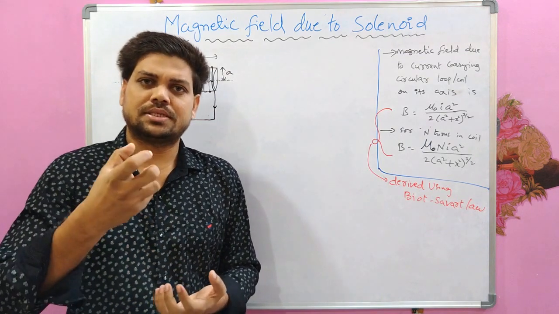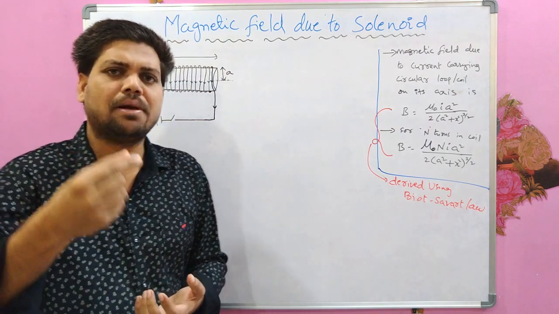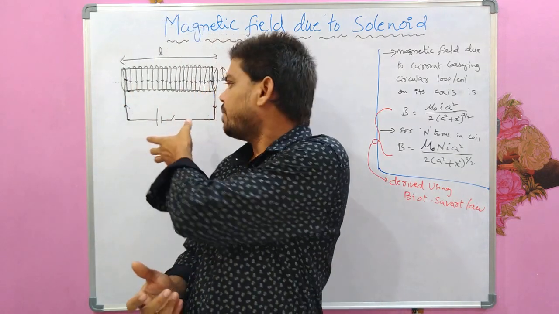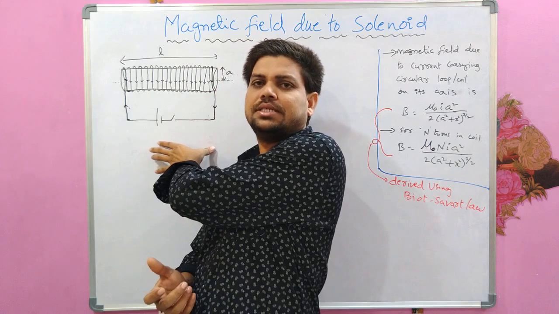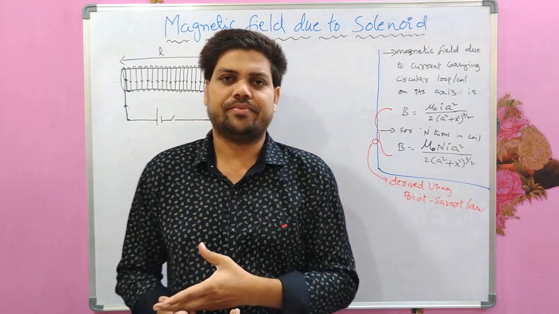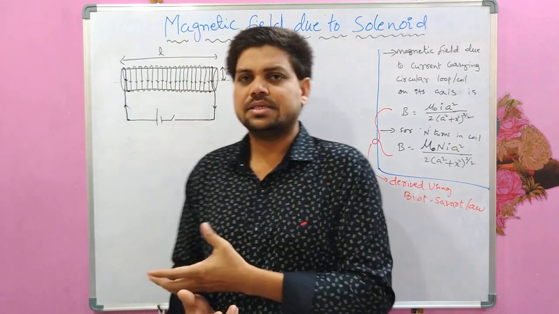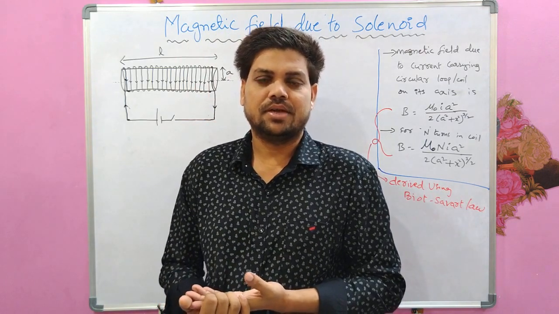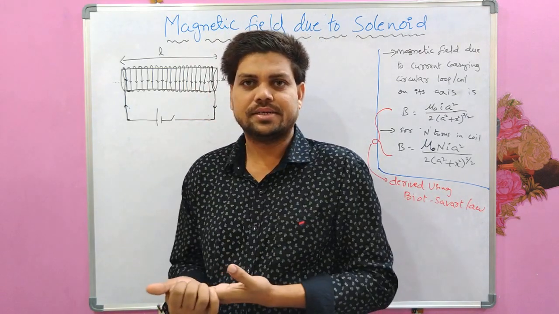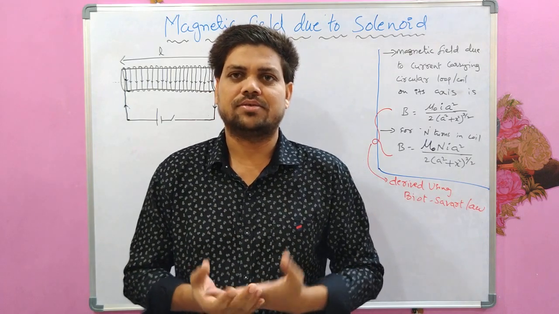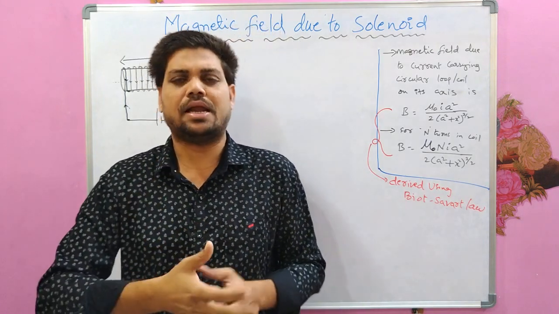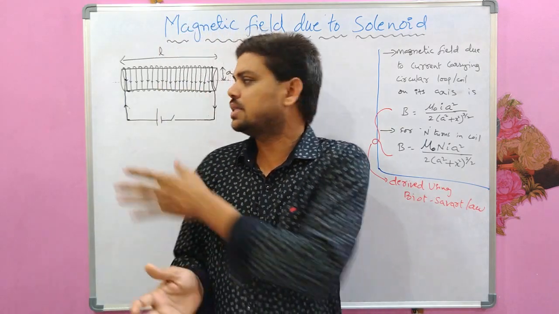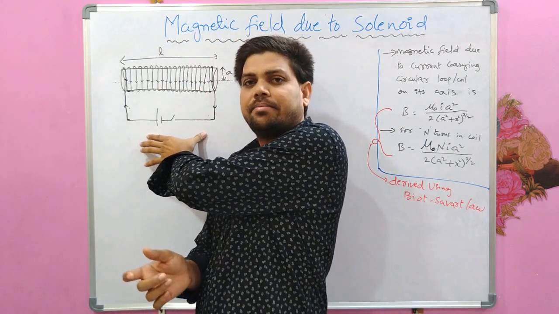This can be confirmed by using a simple experiment. As I said, the magnetic field is produced by this current carrying solenoid. It means this is acting like a magnet. If this is acting like a magnet, how is it? You can just simply perform one simple experiment to know that this is acting like a magnet.